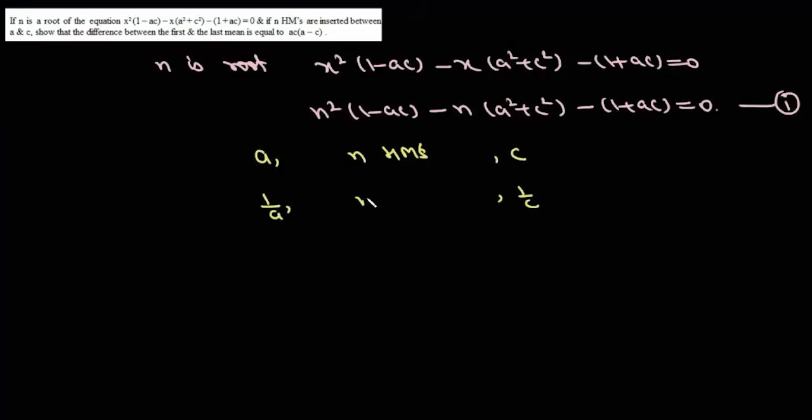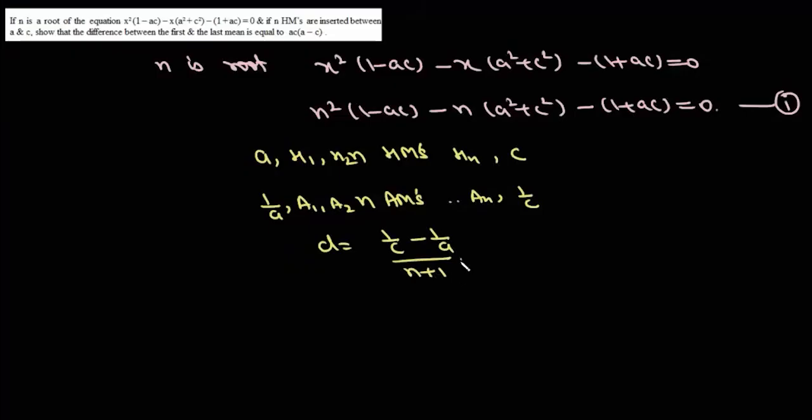we have inserted n AMs. Now suppose this is H1, H2 and Hn, and the corresponding AP is A1, A2 and An. Now for this corresponding AP, its common difference will be 1 upon c minus 1 upon a, upon n plus 1.